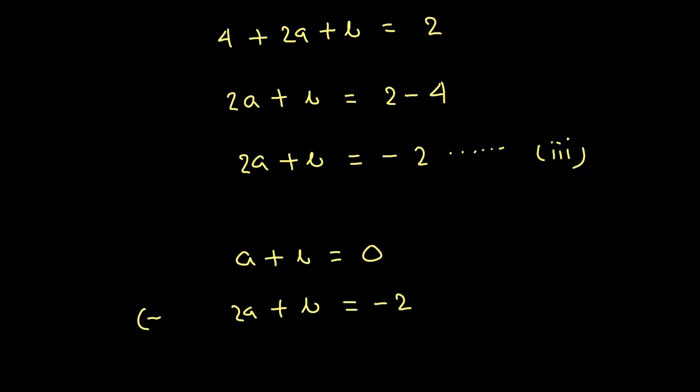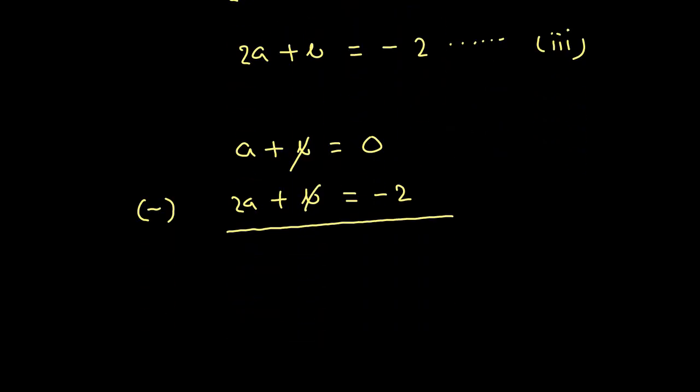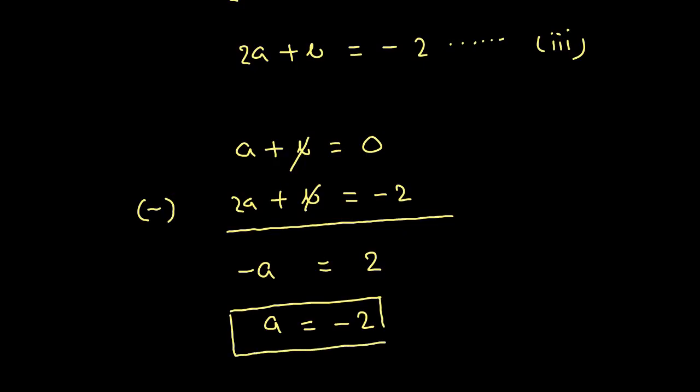If we subtract equation 3 from equation 2, the b and b cancel, and we have a minus 2a, which is minus a, equals 0 minus minus 2, which is 2. So we have a equals minus 2. This is the value of a.